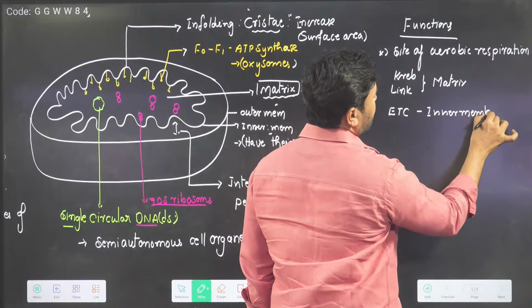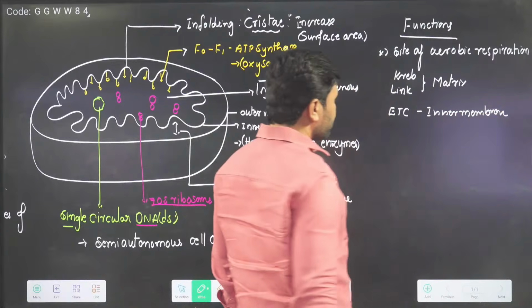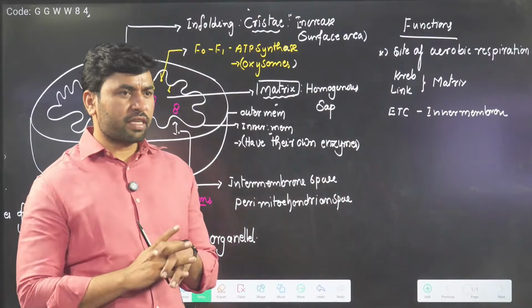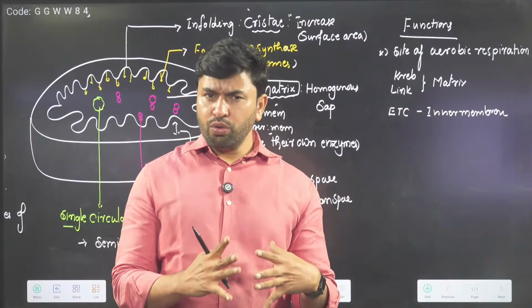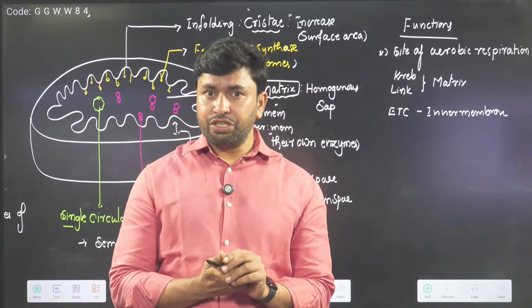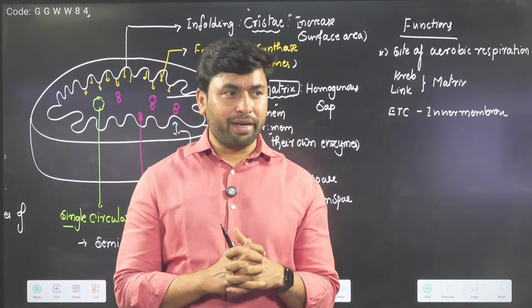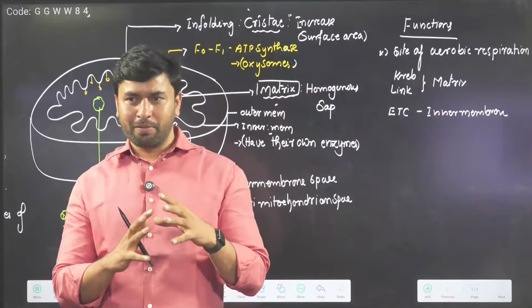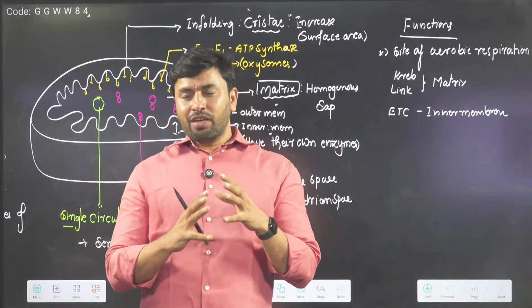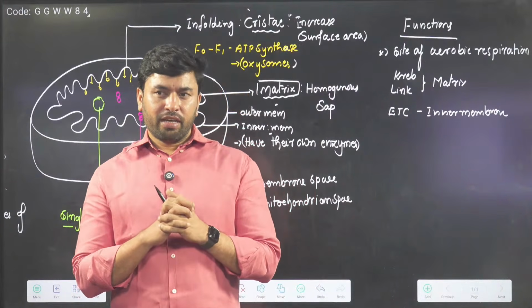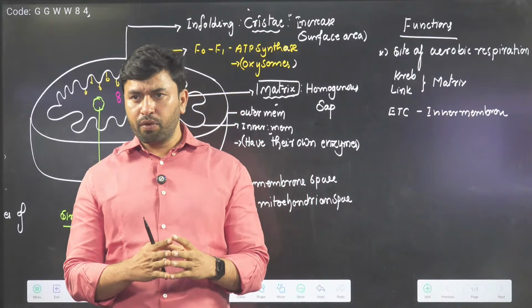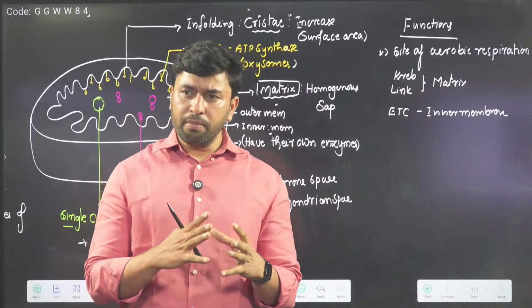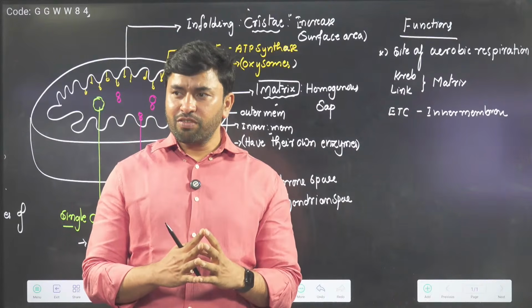As a result, if mitochondria is absent, that cell would have huge loss of energy by the process of aerobic respiration. Now one thing, when I was talking about prokaryotic cell, I might have mentioned to you, there must be a cell organelle in prokaryotic cell which can compensate the lack of mitochondria.